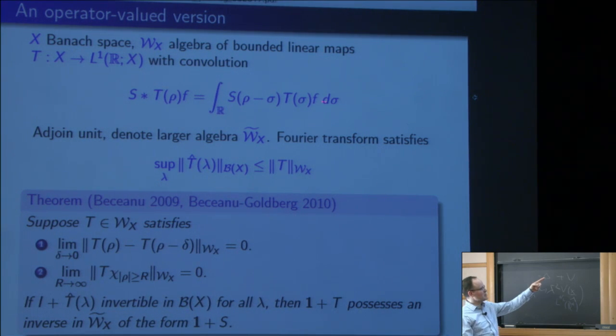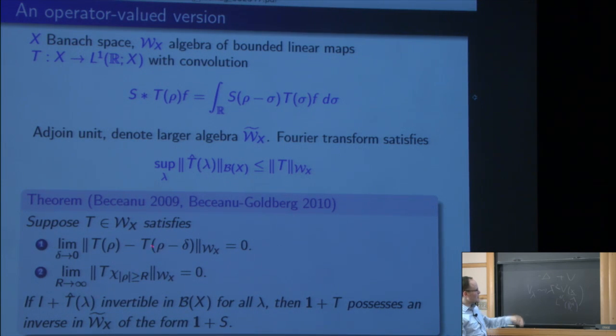And it has a convolution structure as long as you stick in a test function, an f, all right? And so you throw in a unit, you call this the larger algebra, and you have a Fourier transform because of this L1, and it clearly satisfies this bound.